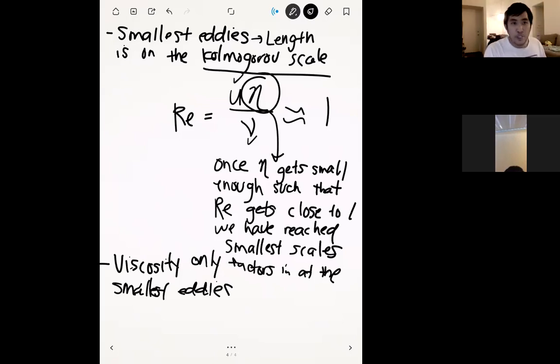But for turbulent flow, since you have all these flow structures of different sizes, if we look at just the local Reynolds number of the smallest flow structures, and that's close to 1, then that's enough for viscosity to come into effect. The effect that viscosity has at these smallest length scales is that of dissipation. Once we've reached these smallest length scales, viscosity dissipates this kinetic energy as heat.